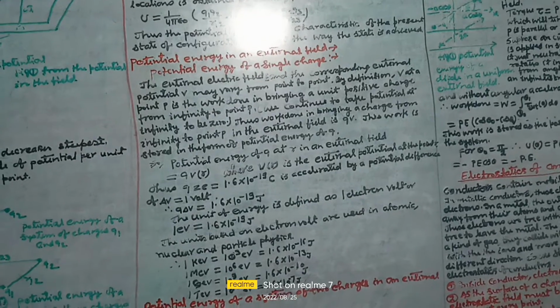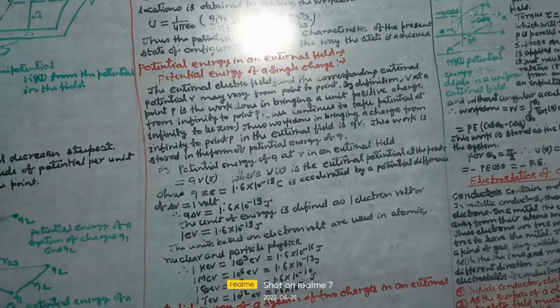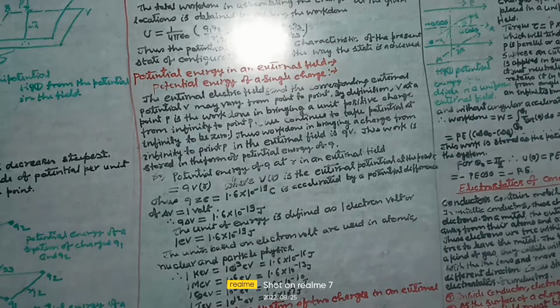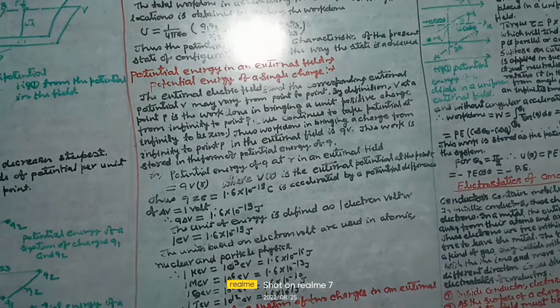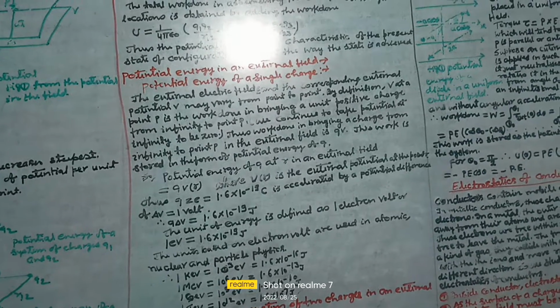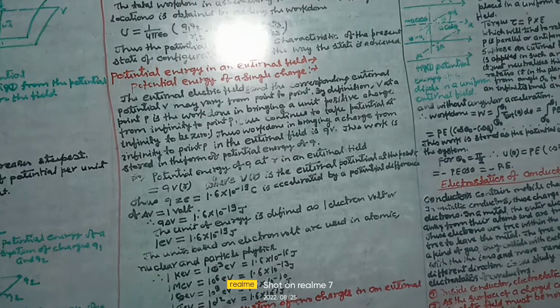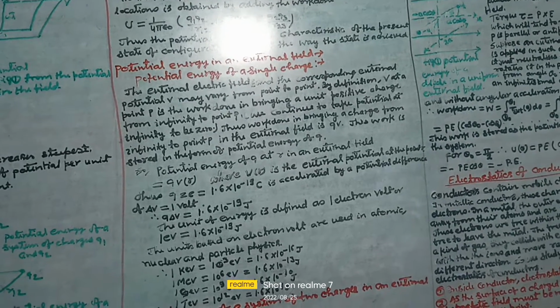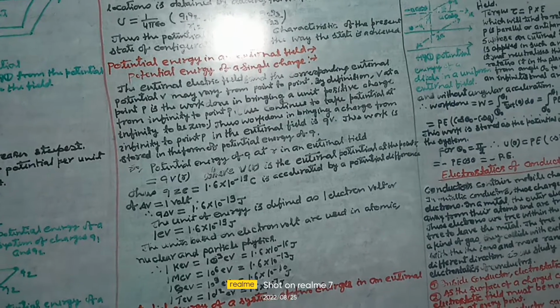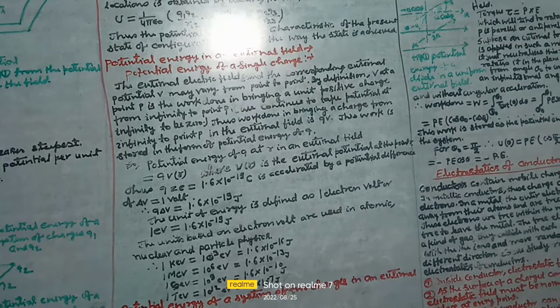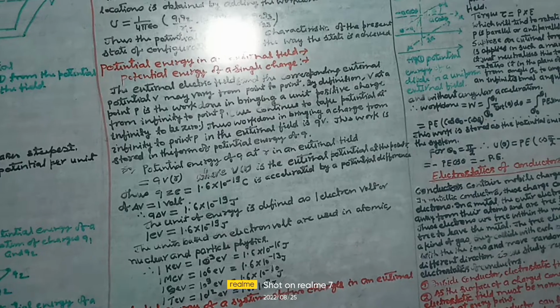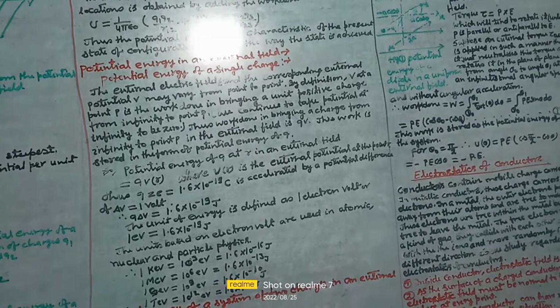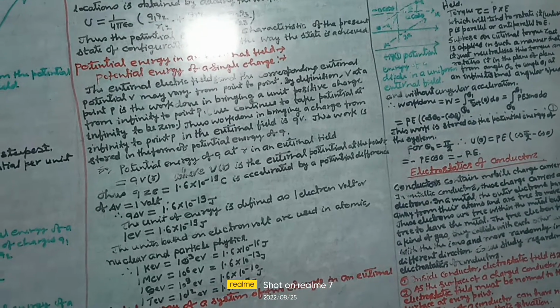at distances r1, r2 from the reference source, and the distance between the two charges is r12. So work done on q2 against the field due to q1 is q1q2 by 4π epsilon naught r12. Thus work done in bringing q2 to r2 is q2V2 plus q1q2 by 4π epsilon naught r12.